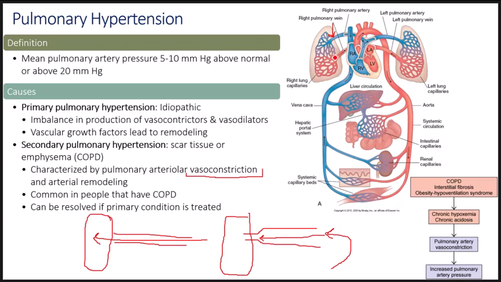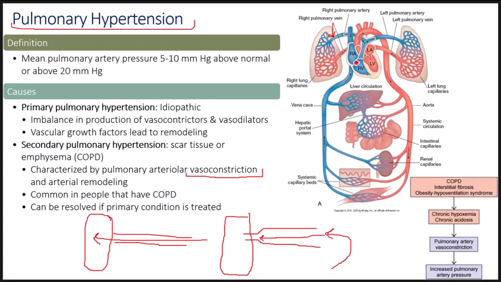If we narrow this area here, it's going to cause less blood to be able to move through here. Less blood moving through here in this direction means it's going to build up here because we're still throwing blood into it. That increases pressure.